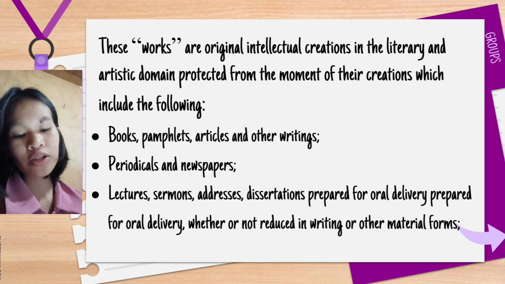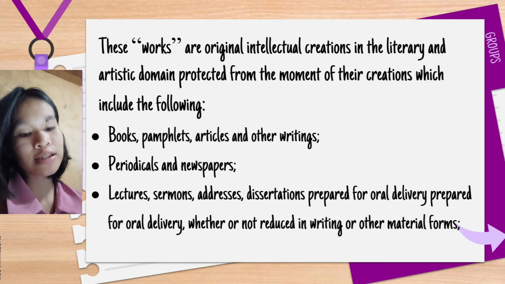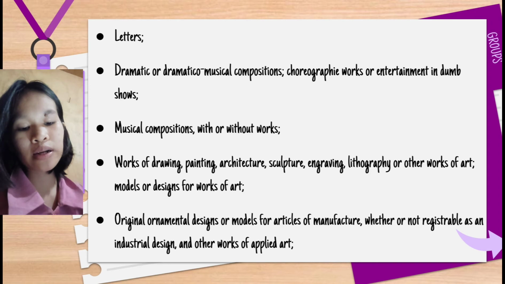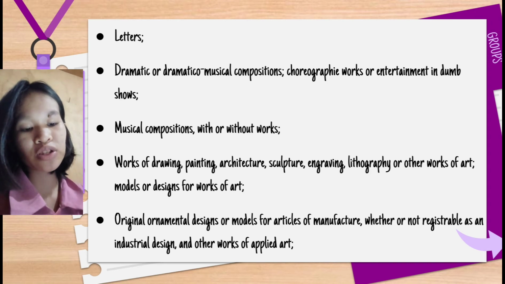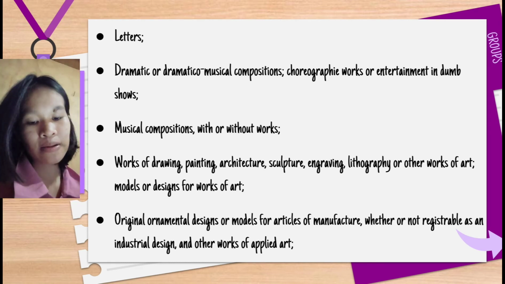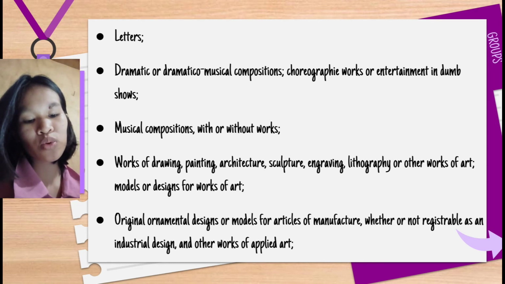Third, lectures, sermons, addresses, dissertations prepared for oral delivery, whether or not reduced in writing or other material form. 4. Letters. 5. Dramatic or dramatico-musical compositions, choreographic works or entertainment in dumb shows. 6. Musical compositions with or without words.